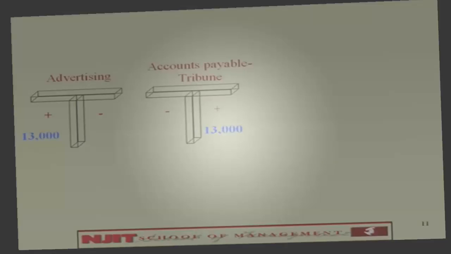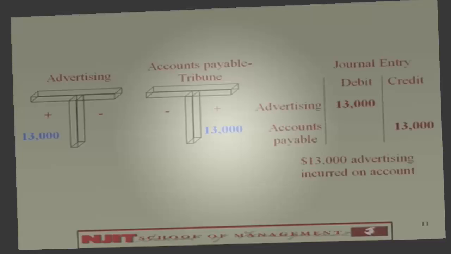Okay, did you get that? Now you have to record it as a journal entry saying which is the left, which is advertising, which was the right entry, which is accounts payable. So it should look like this.